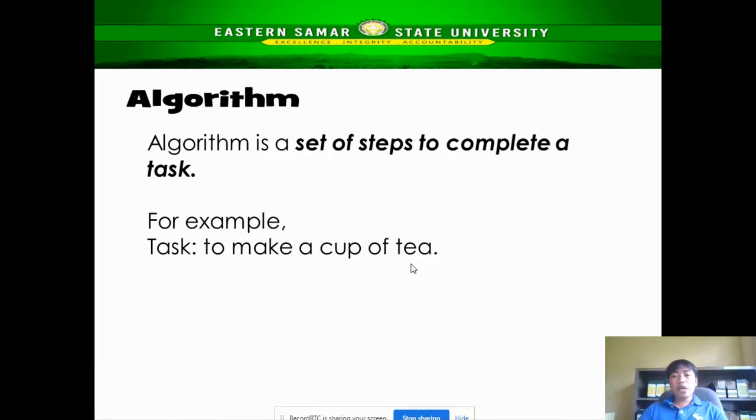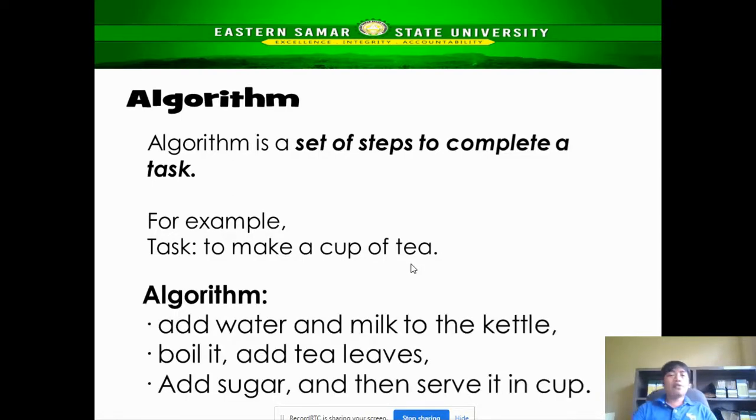For example, you are going to make a cup of tea. Paano iton paghimo hiton cup of tea? So the algorithm for this is, number one, you need to add water and milk to the kettle. Second, of course, you're going to boil it and you need to add some tea leaves.